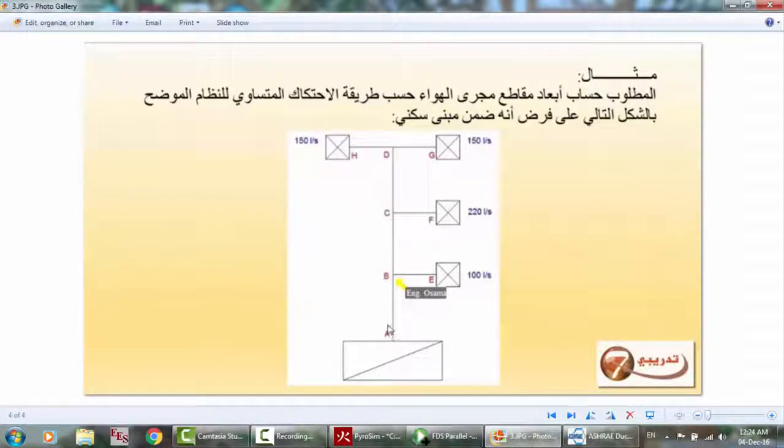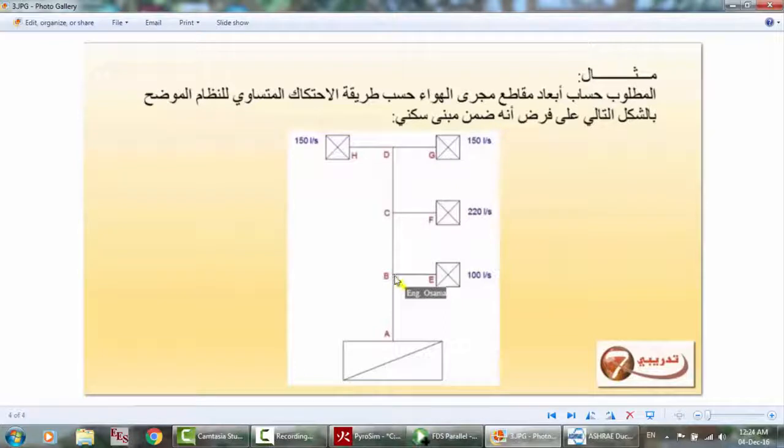After the air enters A until it reaches B, the losses are 2 pascals, so the pressure here is 18, and after entering this branch, the losses are another 2 pascals, so we have now 16 pascals.